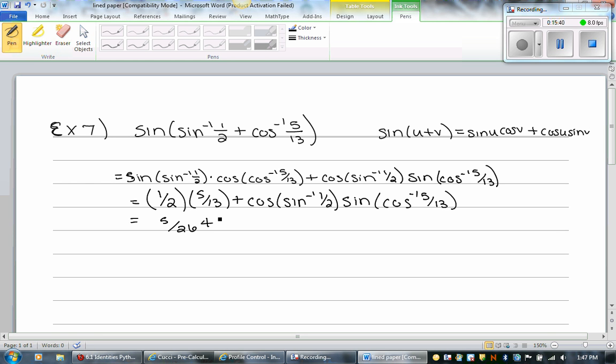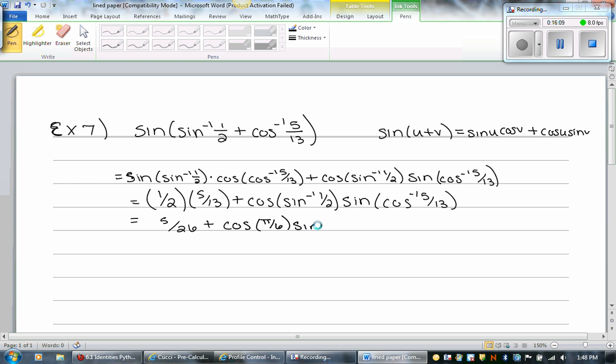When does sine equal a half? We know sine is equal to a half at 30 degrees, or pi over 6 is another way we can say it. So this becomes cosine of pi over 6.